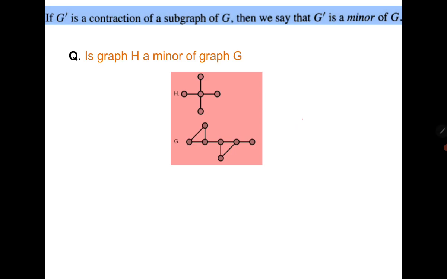The first step is to look for a subgraph of G. So I delete this vertex and then I can delete 2 more edges. So this is how the subgraph looks like, and then I contract this edge. When you contract this edge, it will turn out to be graph H. It means that H is a minor of graph G. We will do many exercises based on the concept of the minor.